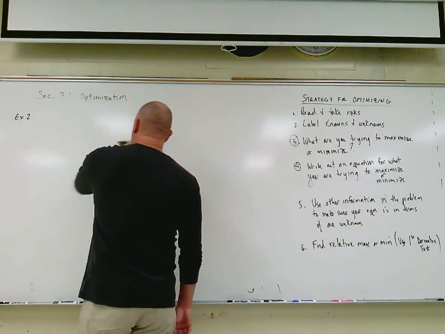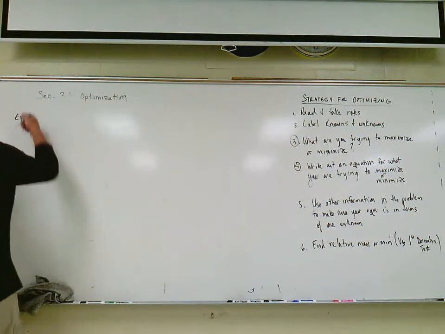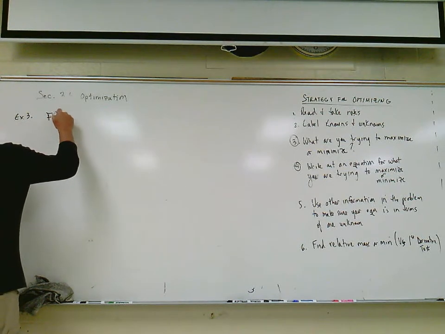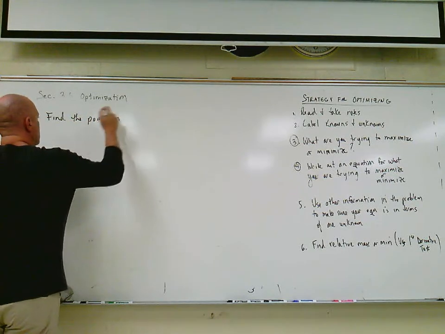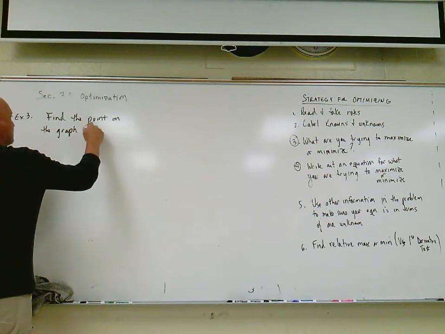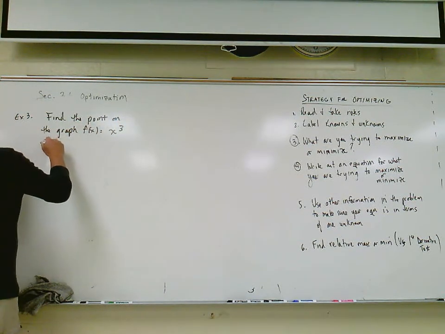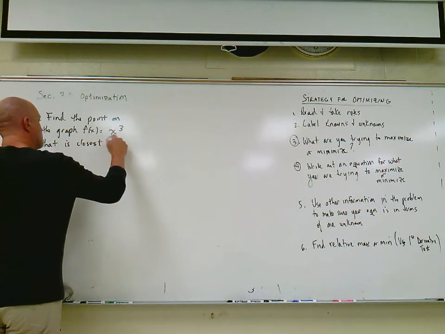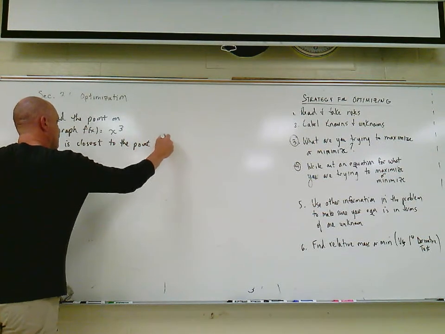All right, example 3. Now we're going to get a minimize problem. Find the point on the graph f of x equals x cubed that is closest to the point (1, 0).